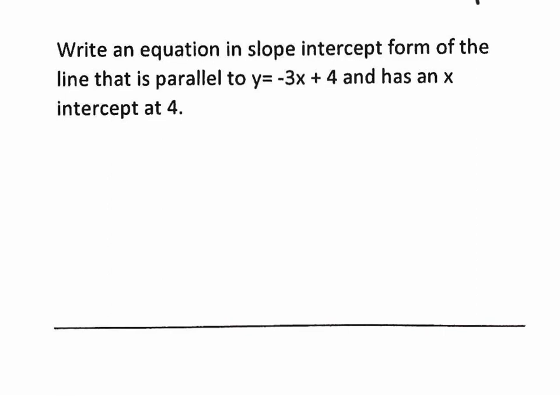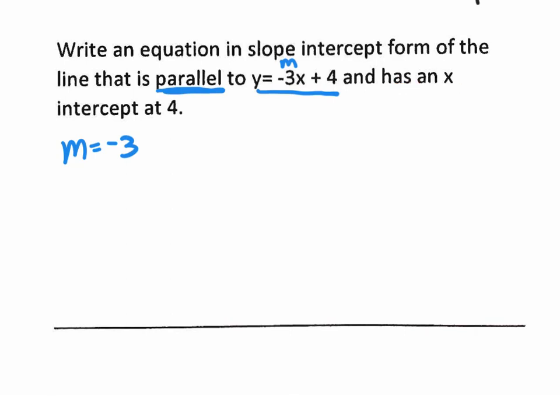Okay, so they're telling us that our line is going to be parallel to this guy. So our slope is going to be the same exact slope as that guy right there. So I'm going to write down my slope right here. M equals, it's going to be the same thing. M equals -3. I don't even have to look at this guy anymore. I could cross it out if I want. I'm not going to, but M is -3.